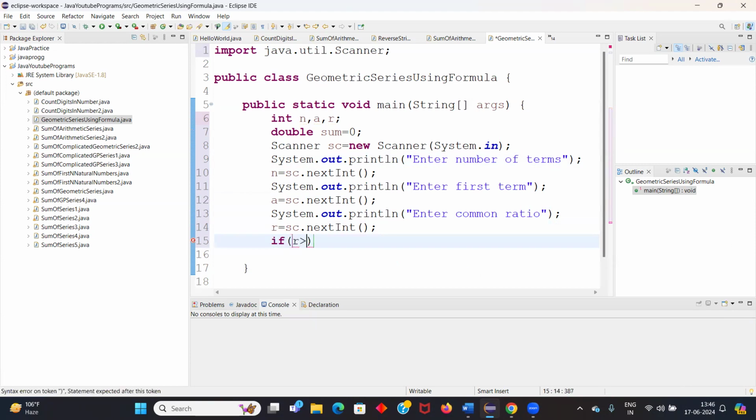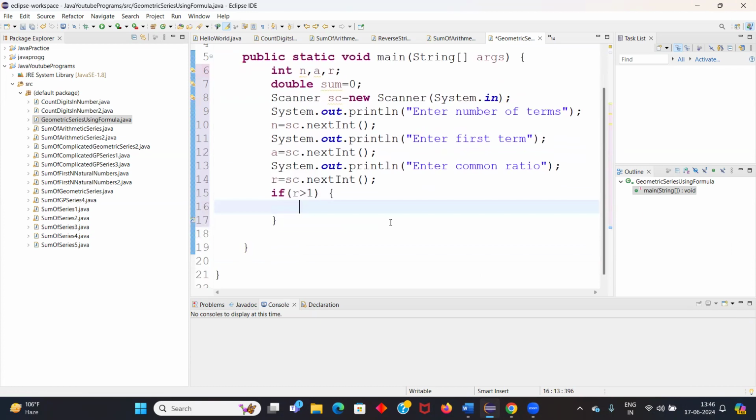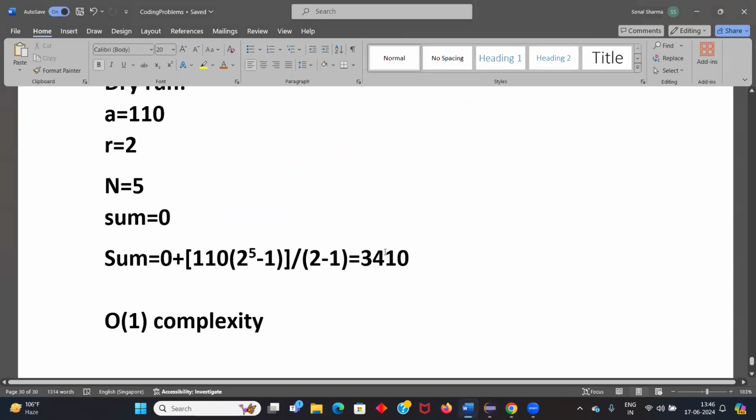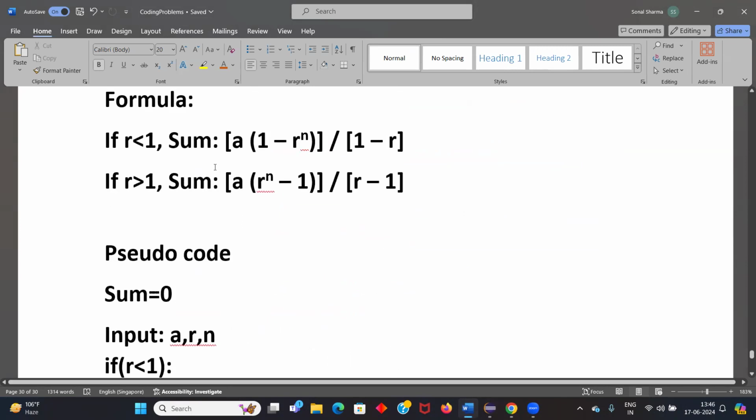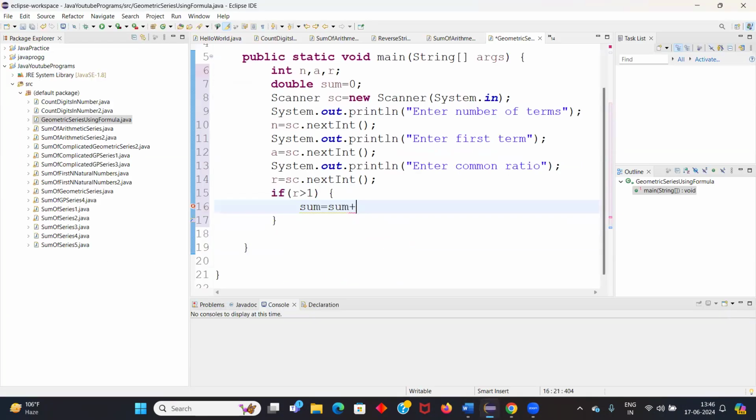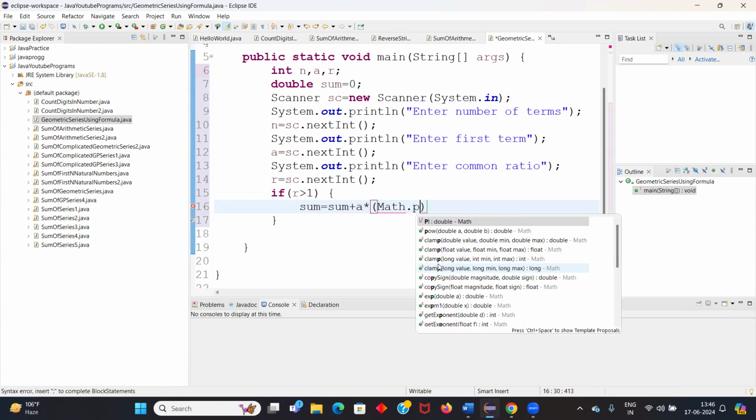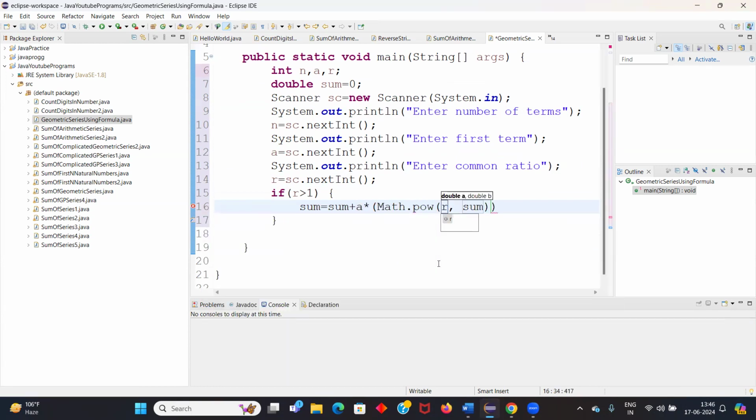If my R is greater than 1, so my sum will be sum plus. So what is the formula? A into R raised to power n minus 1 divided by R minus 1. So A into, I will use the math.pow function, R raised to power n, minus 1.